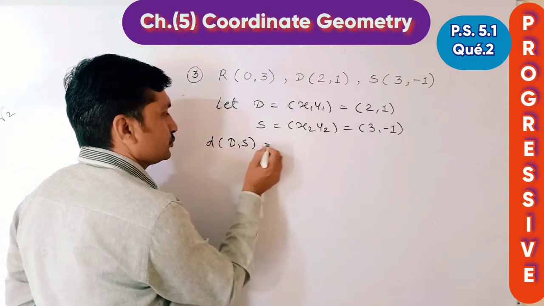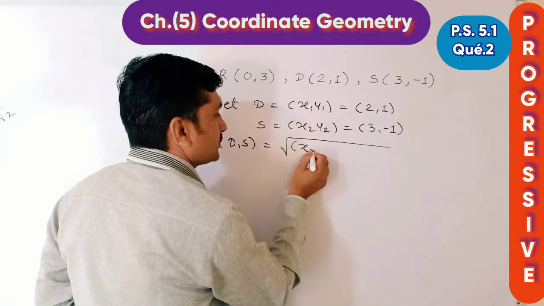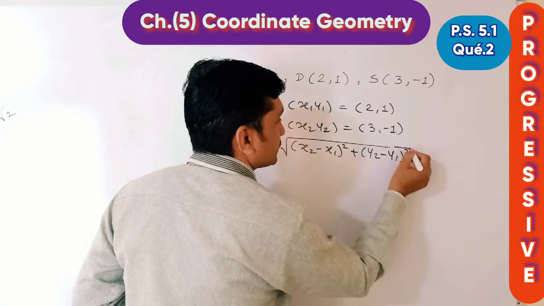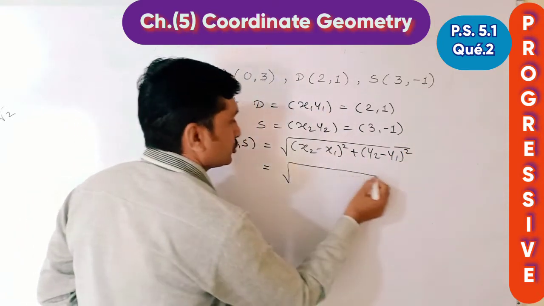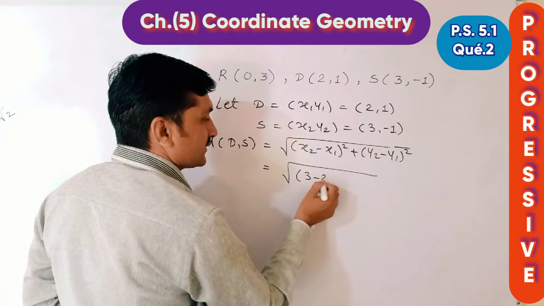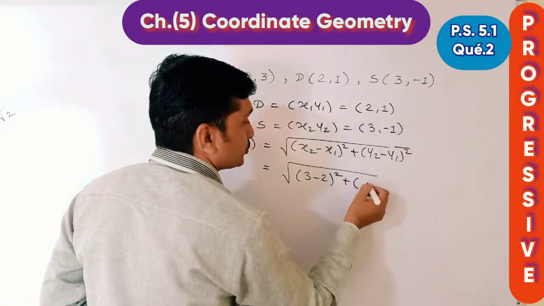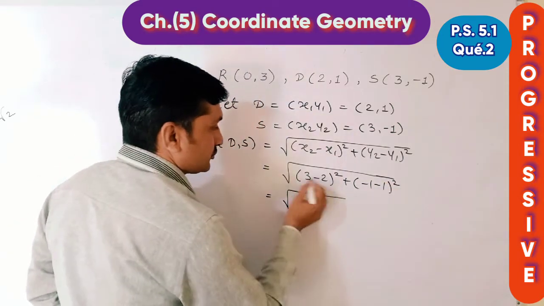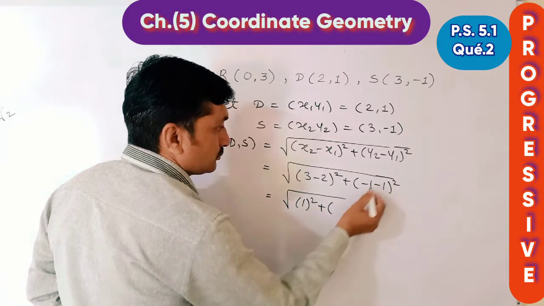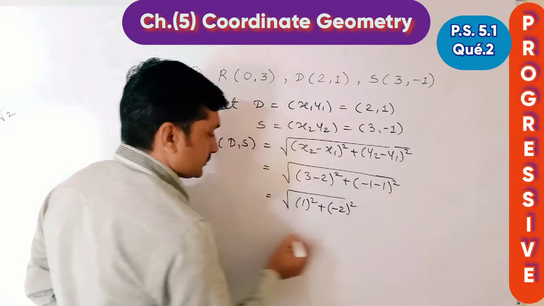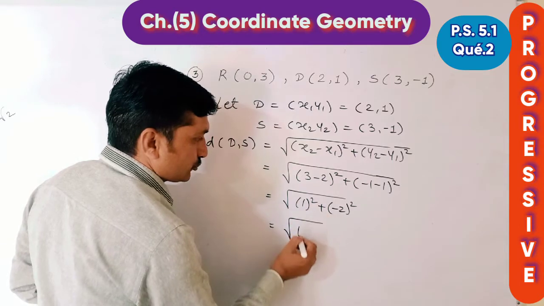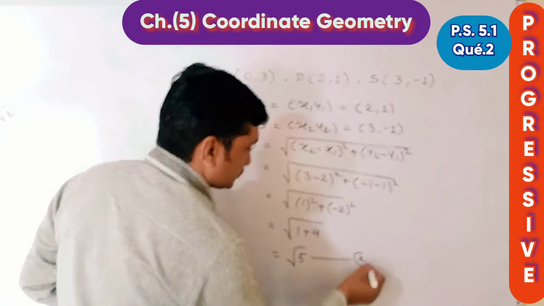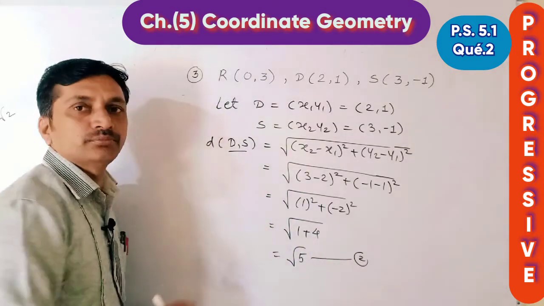Distance DS is equal to square root of (x2 - x1)² + (y2 - y1)², which is square root of (3 - 2)² + (-1 - 2)²... that is square root of 1² = 1 plus 2² = 4, which is square root of 5. Number 2, distance DS is root 5.